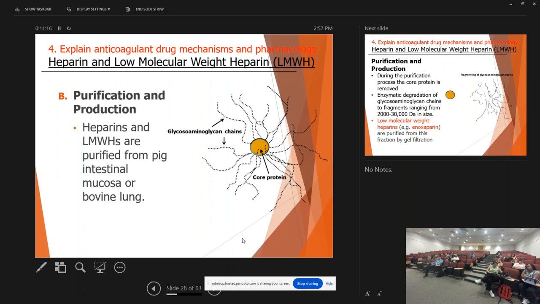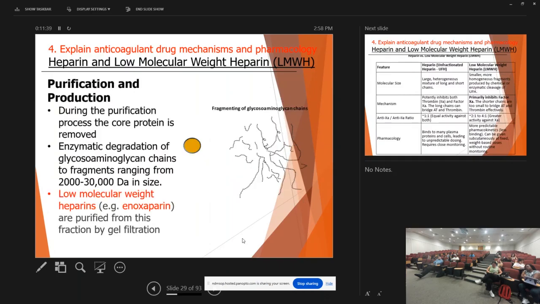But there are also low molecular weight heparins because this is a huge molecule. So do we really need this core protein, which is endogenously produced in our system? But what scientists have found is that you don't need it. Okay, so they remove that and then they proteolyze it, converting it into smaller fragments by an enzymatic process, and it produces a low molecular weight heparin.